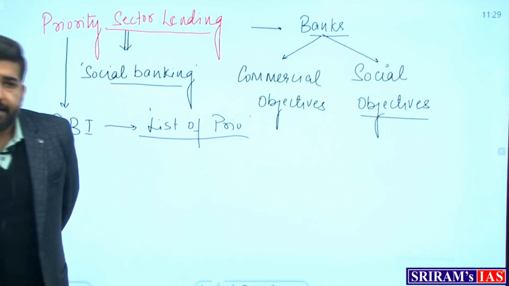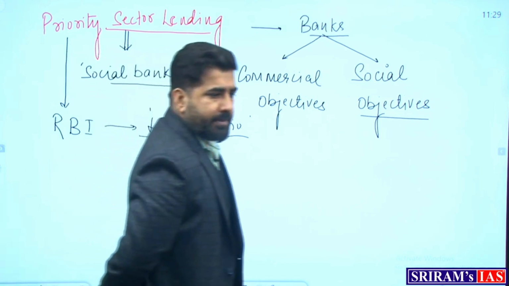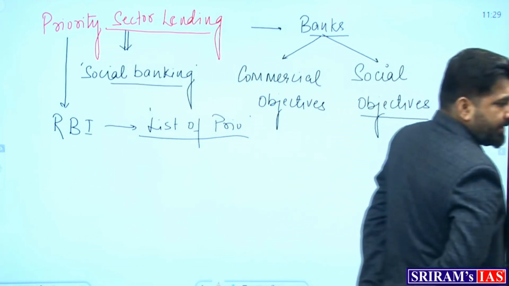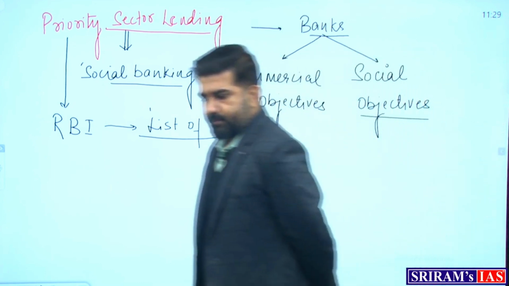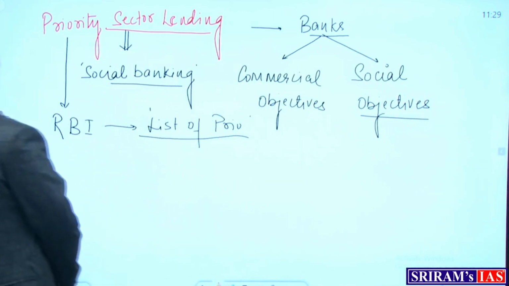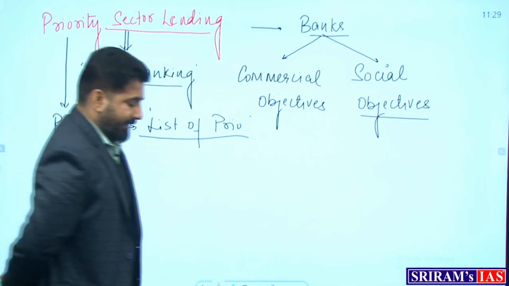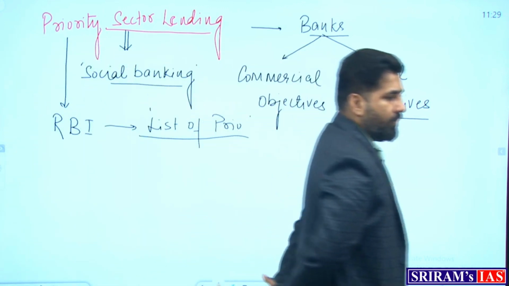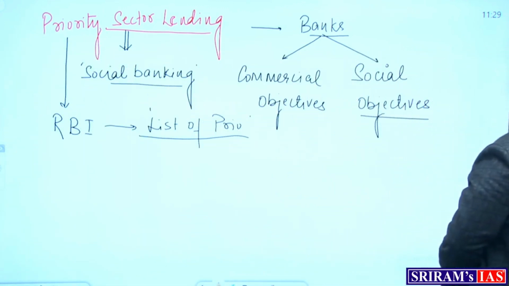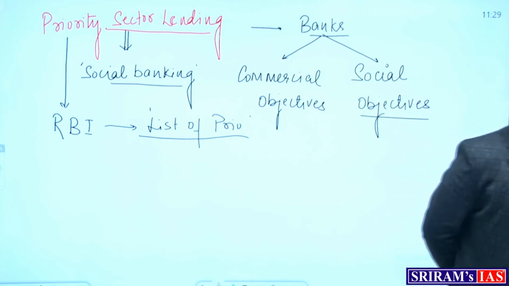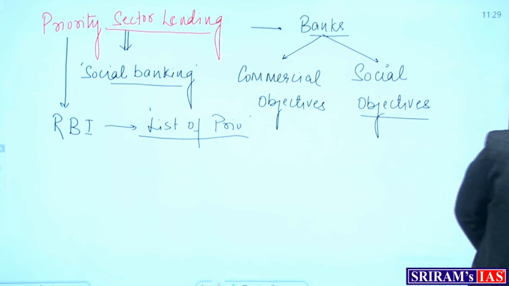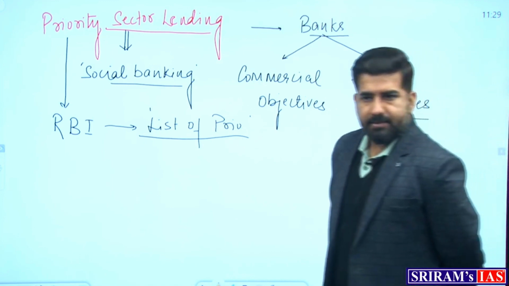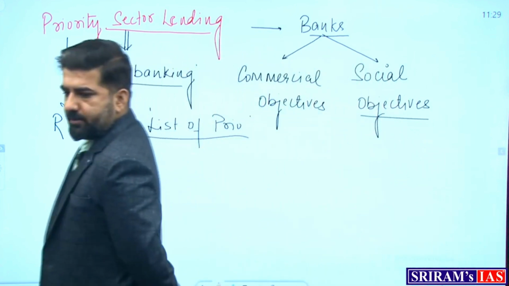Next point, different banks have different overall PSL targets. First subpoint, public sector banks, 40%.